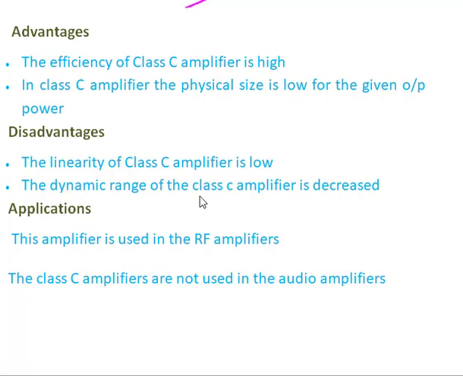The linearity of the class C amplifier is low. In some cases, the dynamic range of the class C amplifier is decreased. The application of this class C amplifier: it is used in radio frequency amplifiers, RF amplifiers, and also in audio power amplifiers.